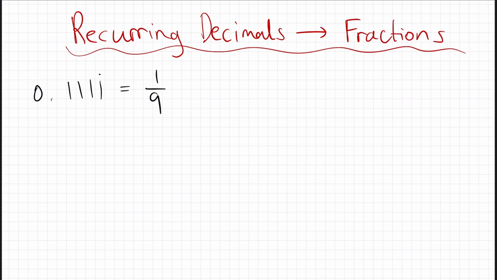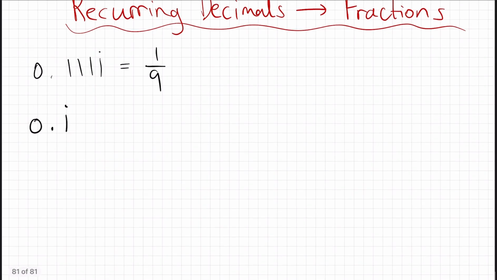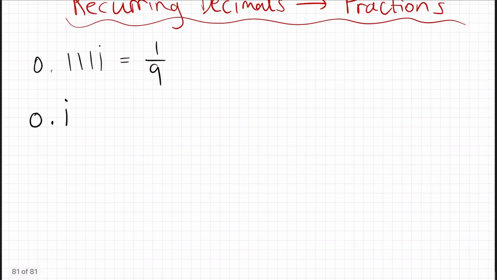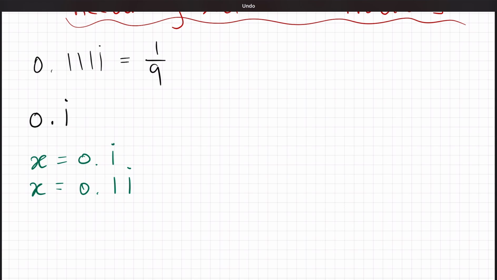So in this example, 0.1111 recurring can just be written as 0.1 recurrent, right? So what we're going to do is set x equal to 0.1 recurrent. Now we also know that x is equal to 0.11 recurrent, because these two are the same thing, as this just goes on forever.